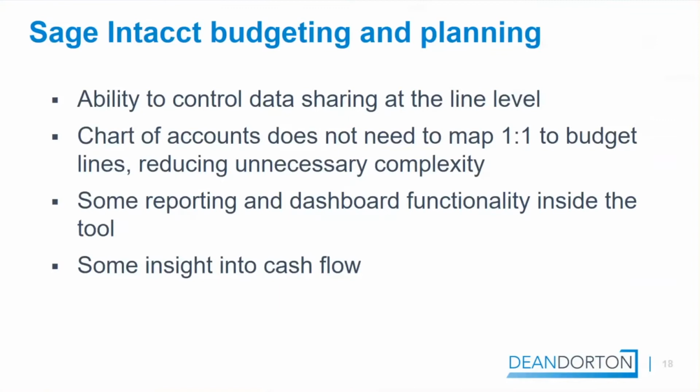So what I mean by that is you may have budget lines, maybe you've got your office expense, and you want to break down office expense into office supplies, maintenance contracts, copiers, all these different things. But then you want all those lines to ultimately feed back to the same GL. Well, you can easily do that with Sage Intacct Budgeting and Planning. There is some reporting and dashboard functionality inside the tool, and there is some insight capability into cash flow. So those are the highlights of Sage Intacct Budgeting and Planning.